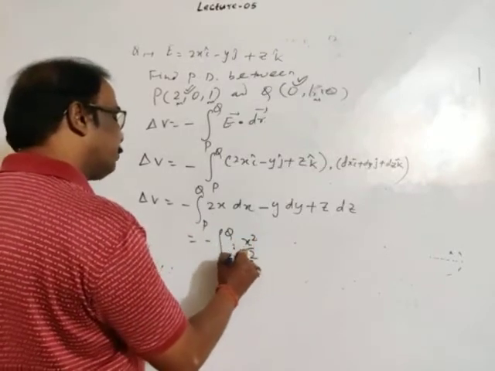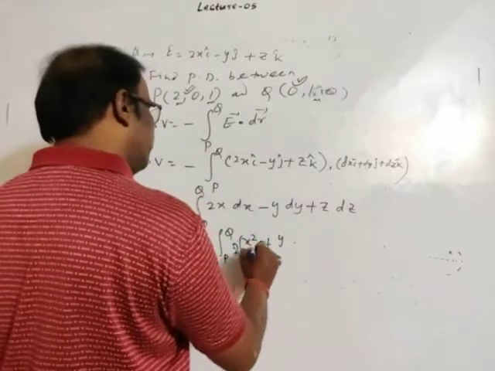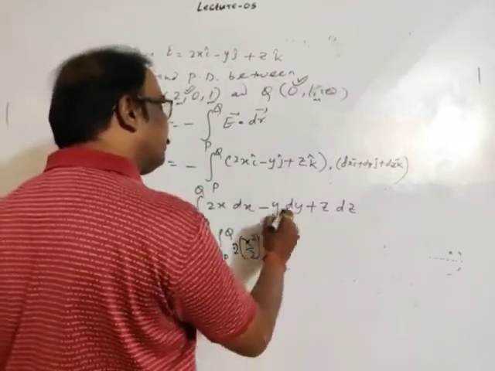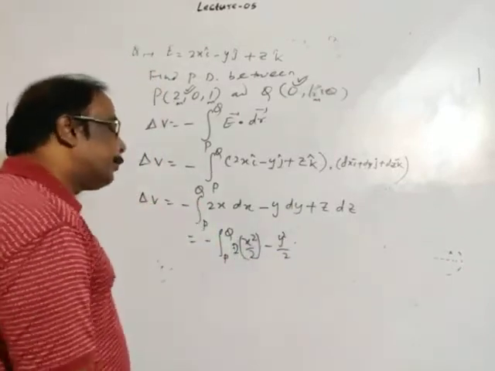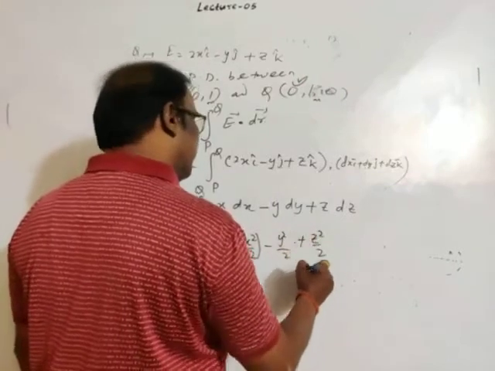Then minus P to Q: 2 into x square by 2 plus minus y square by 2, as integration of y dy is y square by 2, plus z square by 2.